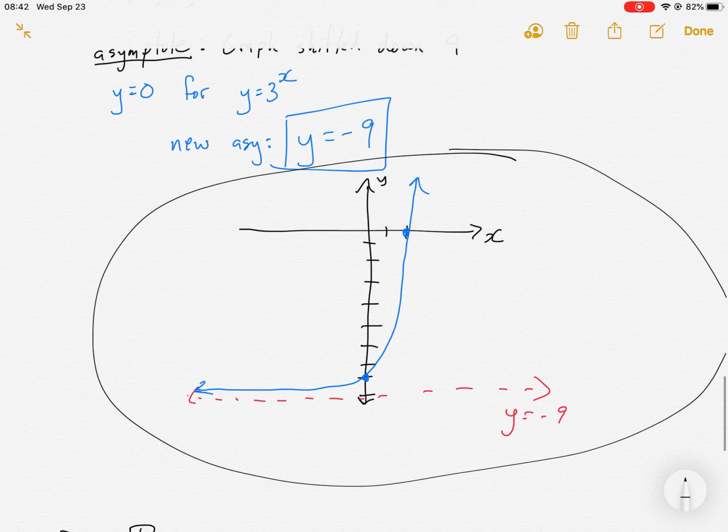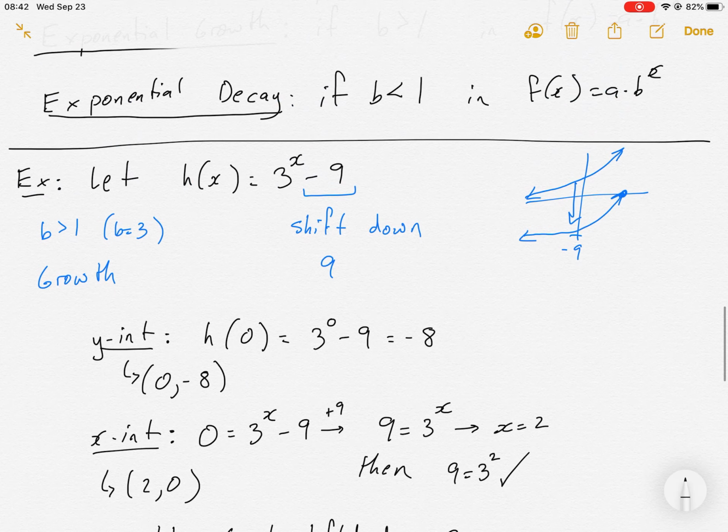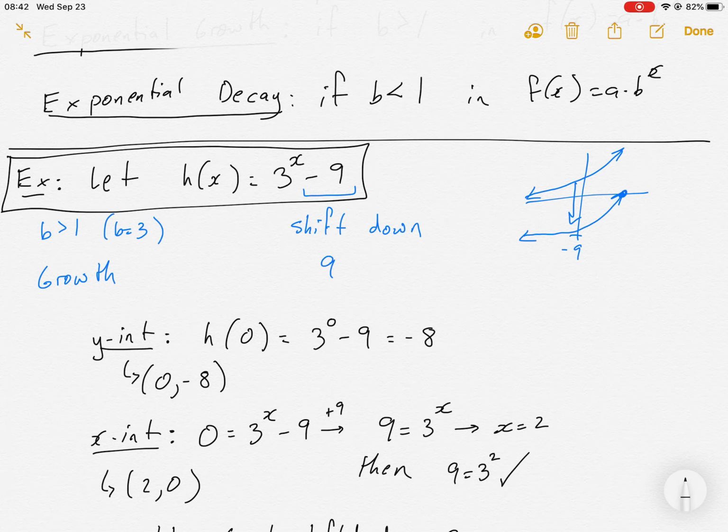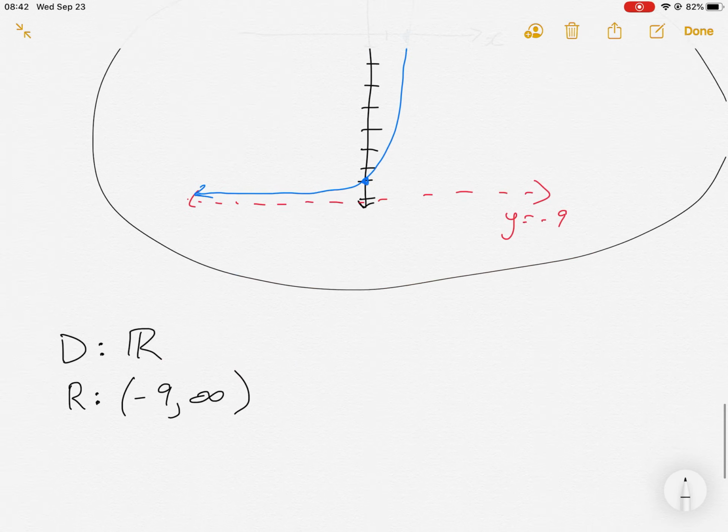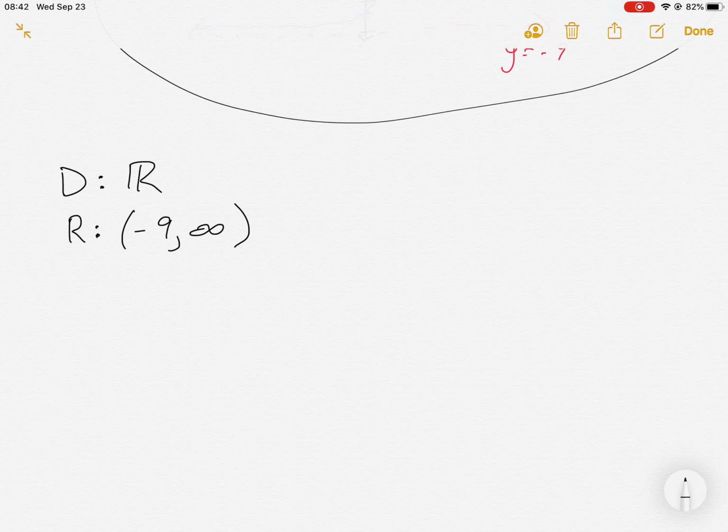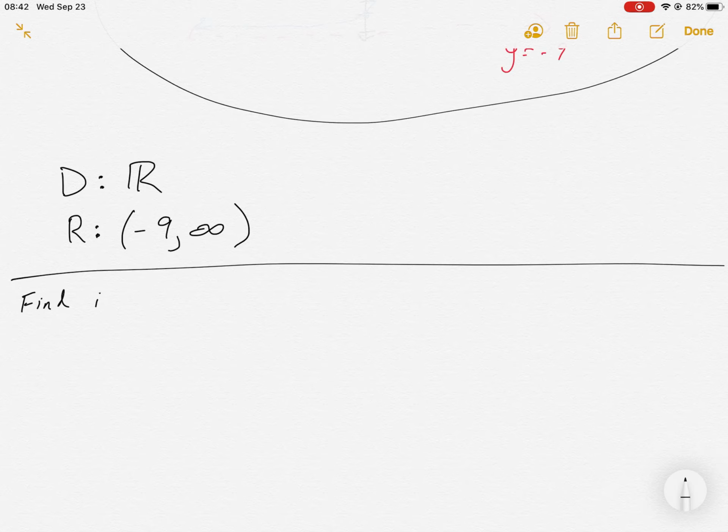So I started off the problem. I didn't really give you a question. I just said, let's look at a function and see what we can do with it. So what you should be able to do with it at this point, the questions you should be able to solve are things like finding intercepts. You will always have a y-intercept.